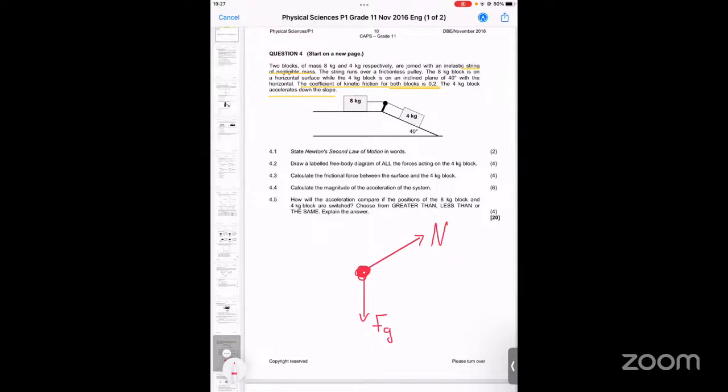Number three, it will be this one, which is going to be the tension, because now how we are drawing this, it's like we cut it somewhere there, or we just cut it in the middle. Then we are just focusing on this one. For additional information, we will come back and draw that. No, but for that one, we have drawn it already, isn't it? The 8 kg. I've drawn for the 8 kg.